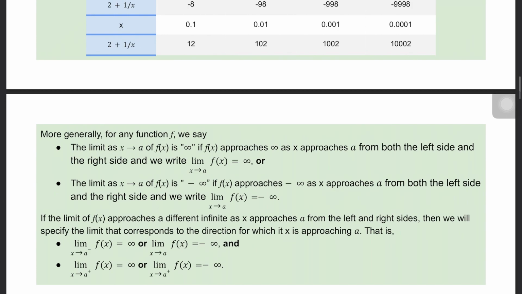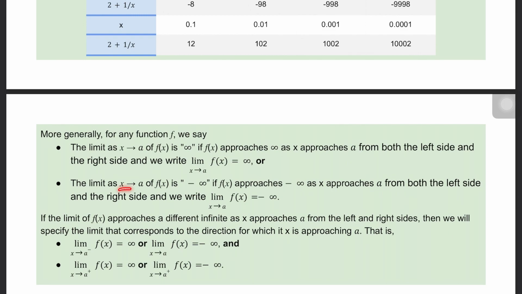We're going to say that the limit as x goes to a of f of x is infinity if f of x approaches infinity as x approaches a from both the left side and the right side. We're going to write it like this: the limit of f of x is infinity as x approaches a.